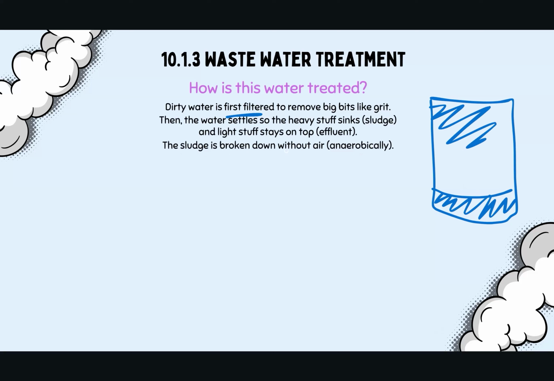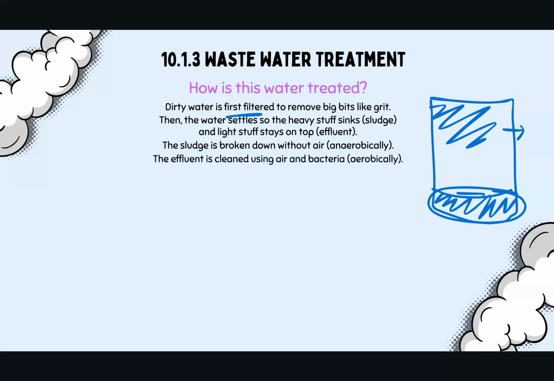So the sludge is broken down. Now they leave the sludge because the water is filtered off. The sludge itself is put under anaerobic conditions. Now, under anaerobic conditions, the sludge is essentially broken down to fertilizer, and that can be sold off to farms, etc., to be used in their fields.